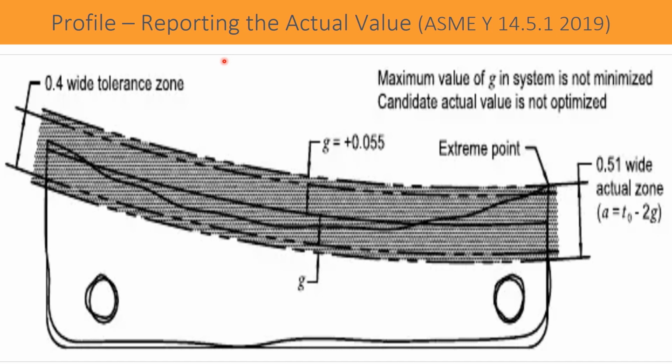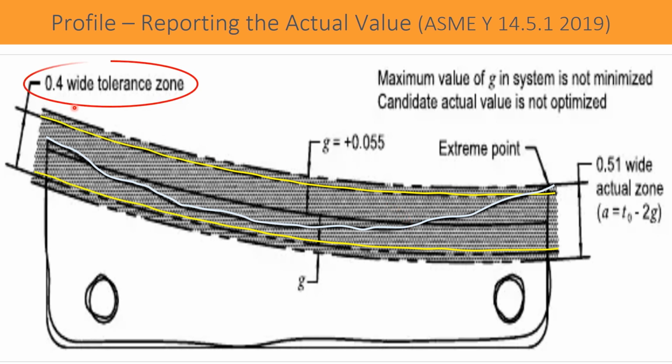Now let us evaluate the given case. Against the nominal profile shown in the black line, the gray line is the actual or measured profile, and the tolerance given is 0.4.